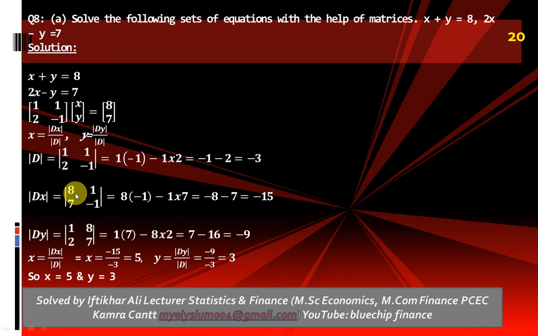So 8 multiplied by minus 1, minus 1 multiplied by 7, which will produce minus 15. Now take this column and put it here, and take the determinant once again. So 1 multiplied by 7 minus 8 multiplied by 2 will equal minus 9. Now put the values into these formulas, and x will be 5 and y will be 3.